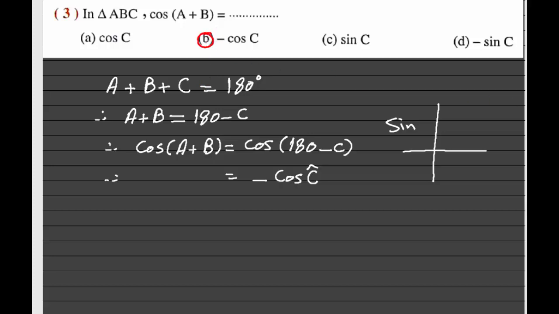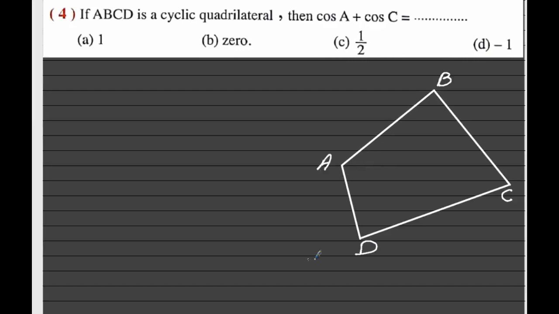Next question. If ABCD is a cyclic quadrilateral, then cosine A plus cosine C equals one of these. So first I'll draw the cyclic quadrilateral ABCD. From its properties, the sum of every two opposite angles equals 180.